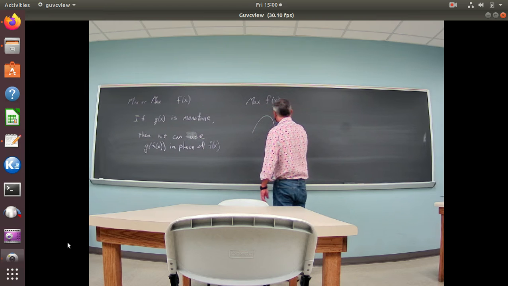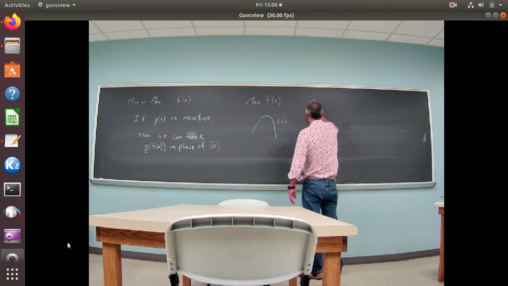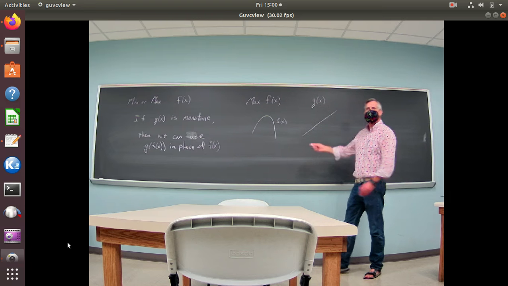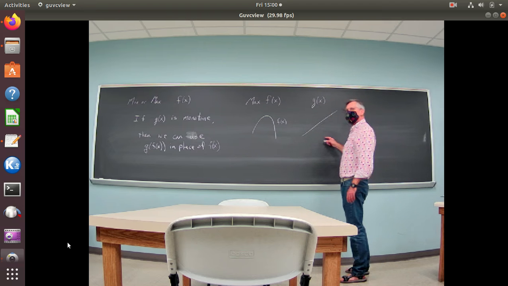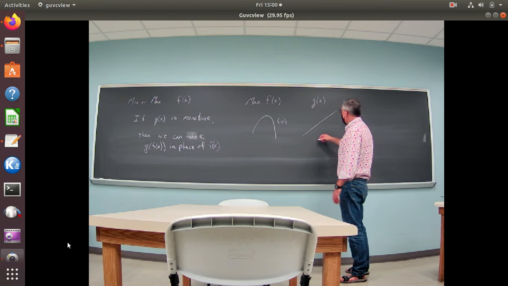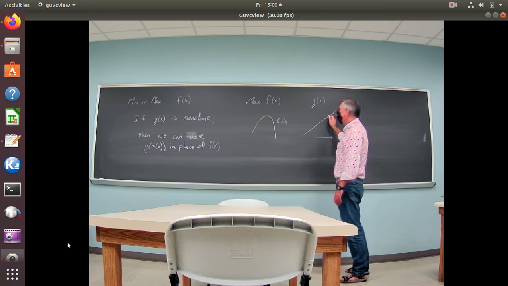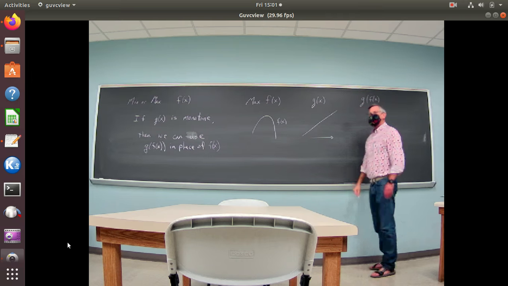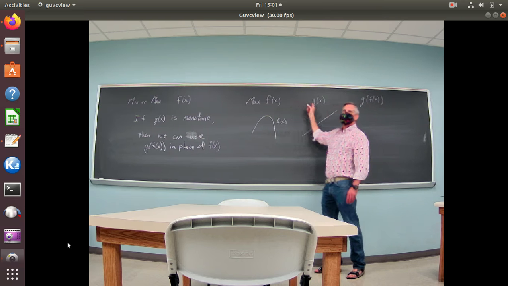Now, if g of x looks like this, I just made it linear, it doesn't have to be linear, but it's always increasing, then what that says is a bigger x makes a bigger g of x. So if I'm looking at g of f of x, a bigger f of x makes a bigger g of x.